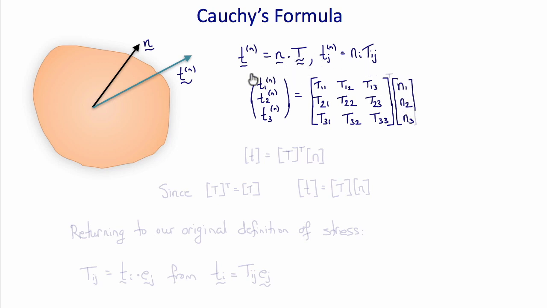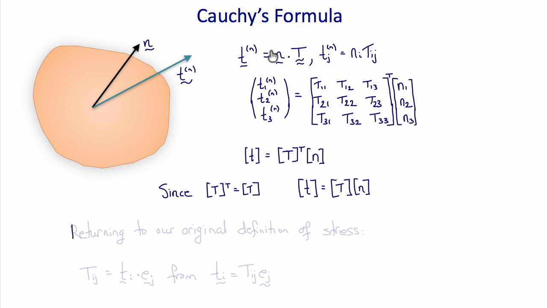Now notice that I changed the order of this formula here. That's because this formula is equivalent to, in matrix notation, T equals T transpose n. But since we've already seen that the stress tensor is symmetric, then that's the same mathematically as T equals T n.